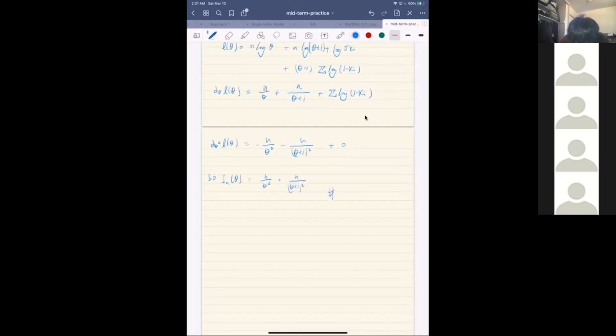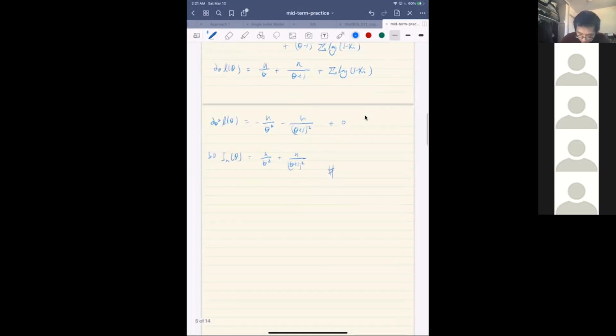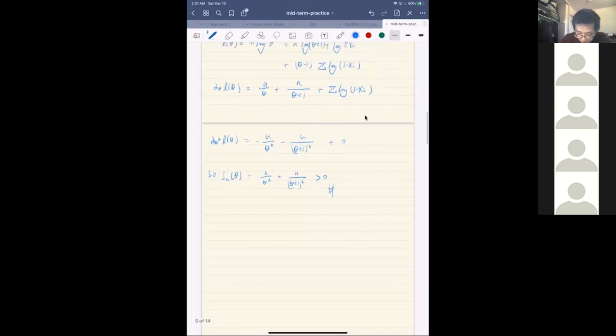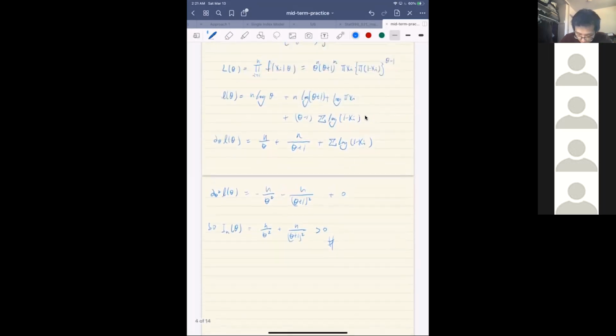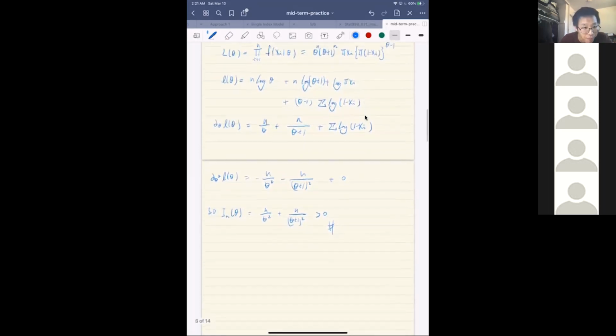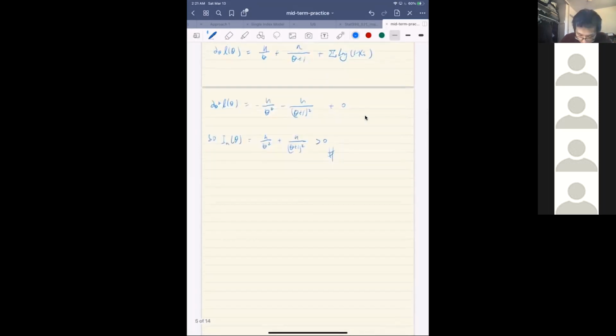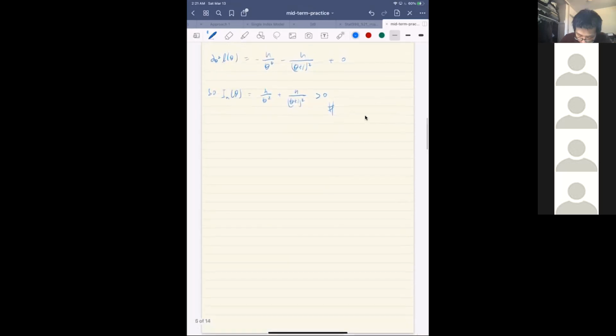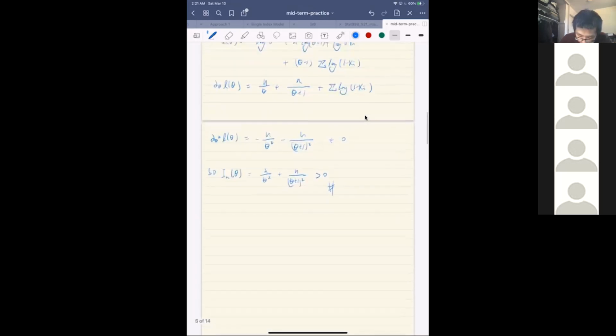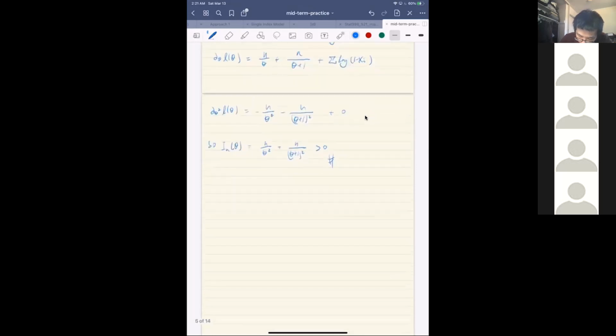So this one is strictly positive. So if we can find a solution, then it should be the unique solution. We can say this one is strictly negative.